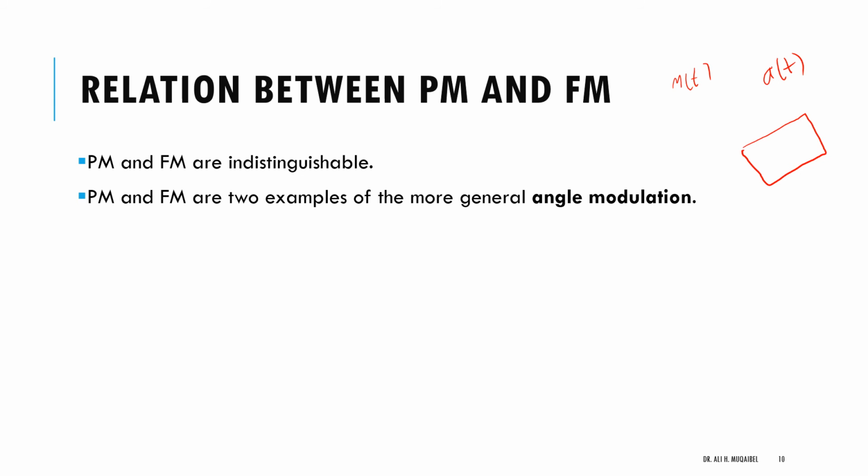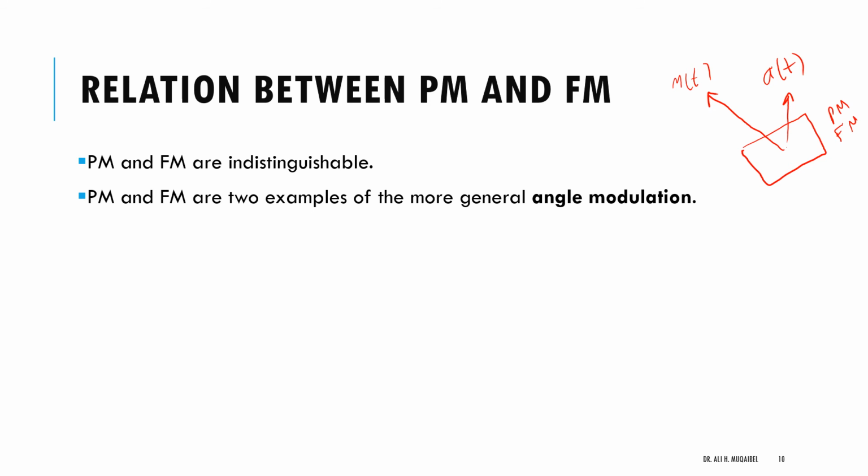This signal, is it PM or FM? This signal could be an FM of m of t, and it also could be a PM of A of t. We cannot tell exactly. Just looking at an analog modulated signal, we cannot tell whether it's FM or PM, because as you have seen in the equations, they are directly related.